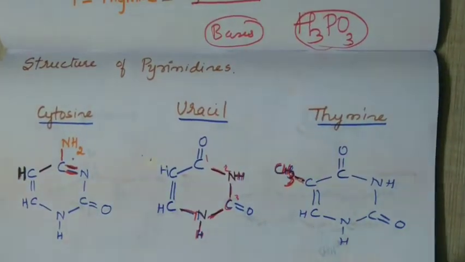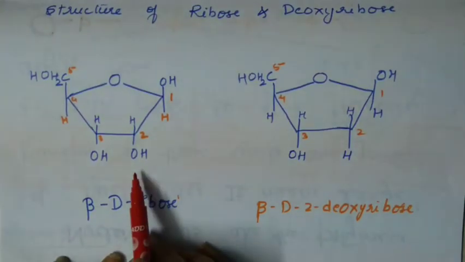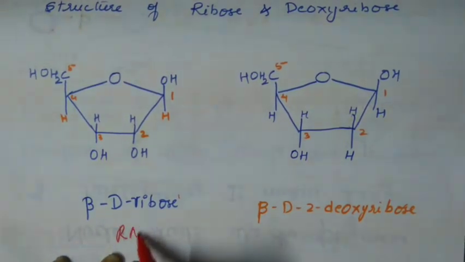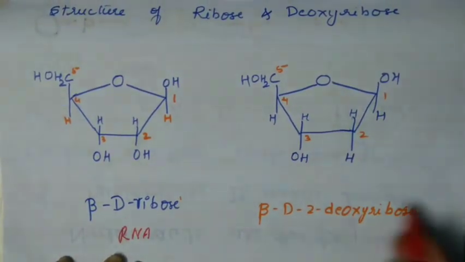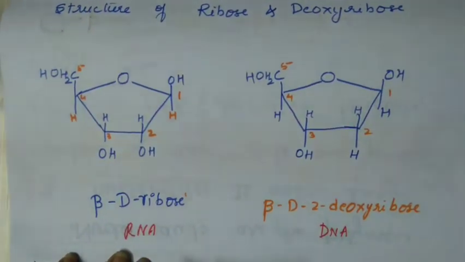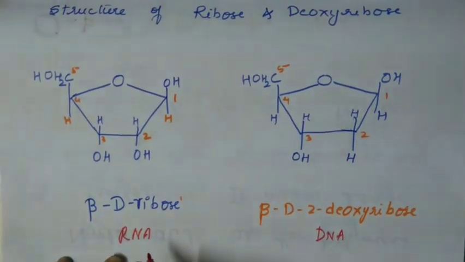We have to understand. So this is our ribose sugar, which is present in RNA, and this is deoxyribose sugar, which is present in DNA.